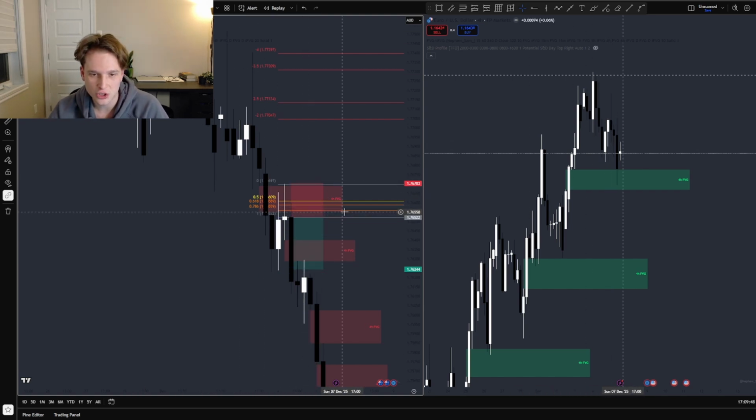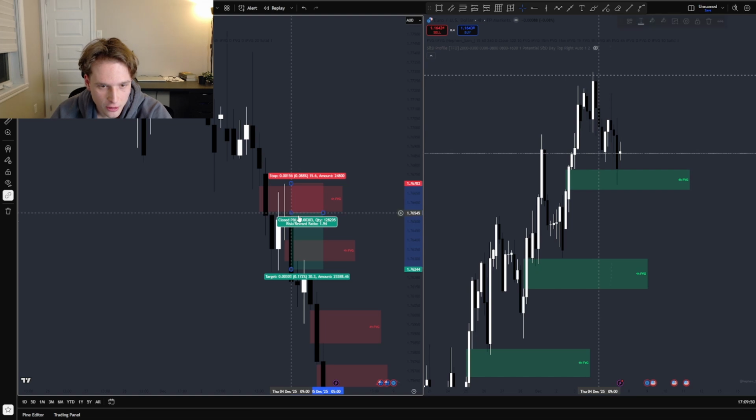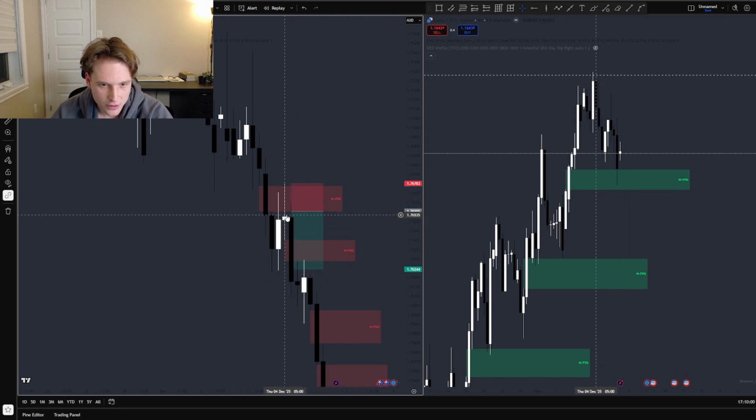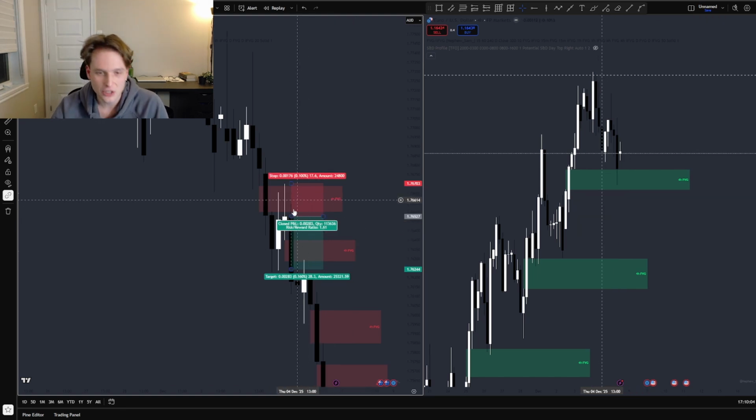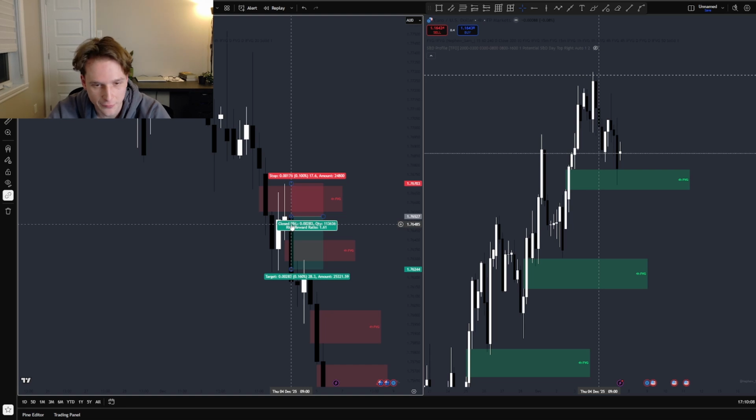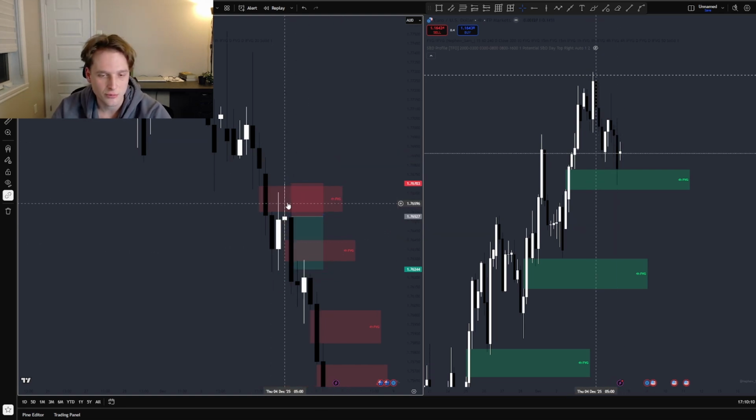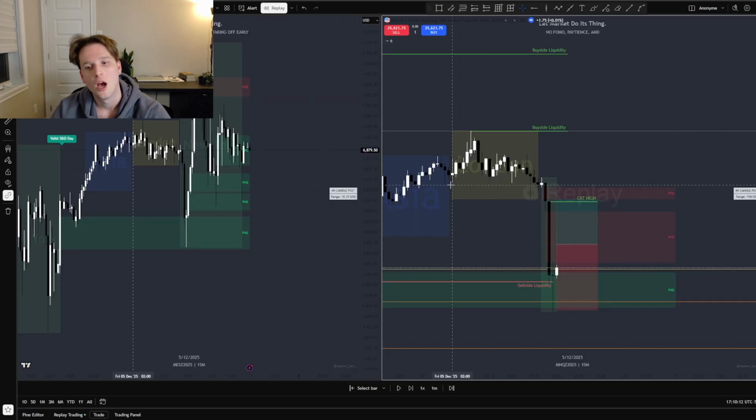So I ended up entering somewhere around here for this trade, to catch a nice 1 to 2, which is not a big difference, but RR wise, this is the difference between a 1 to 1.5, 1 to 1.6, and a 2R. So semi decent difference here, right? So I just keep it like that because that was the framework of the idea. And when I trade forex, it's a little different with fees and stuff, so I kind of assume that the order's a little lower due to fees.